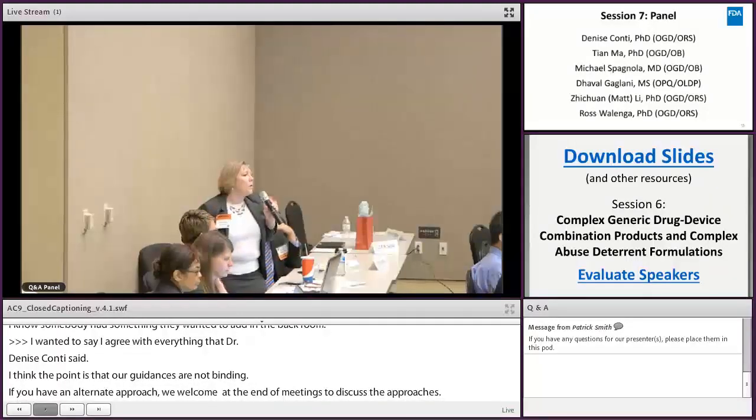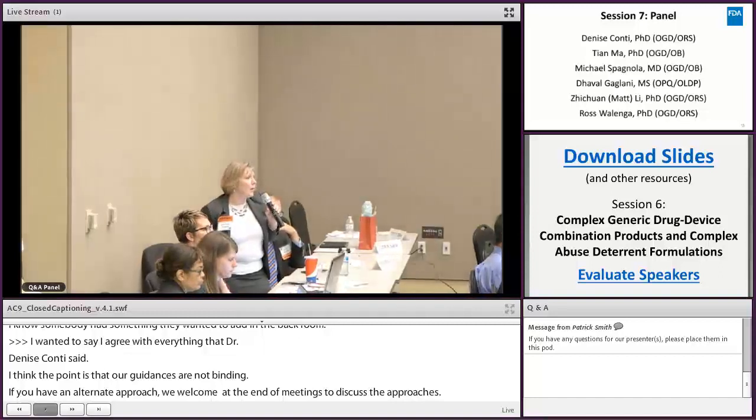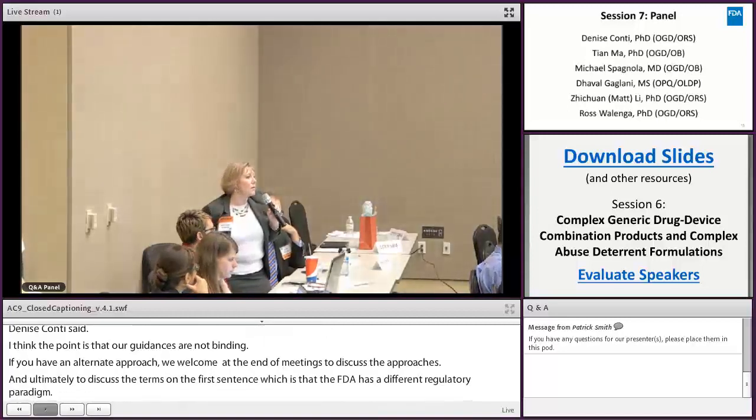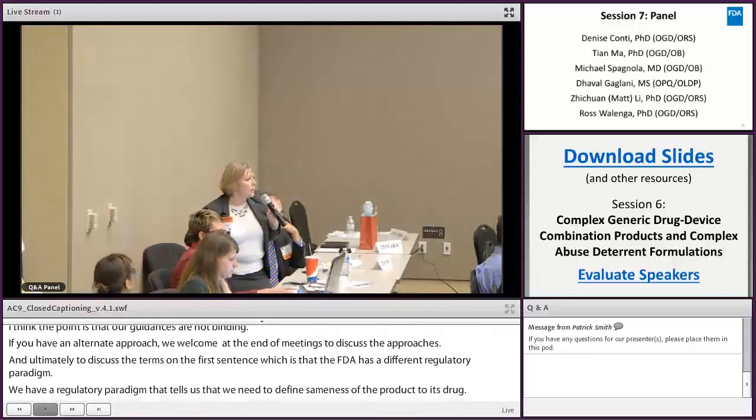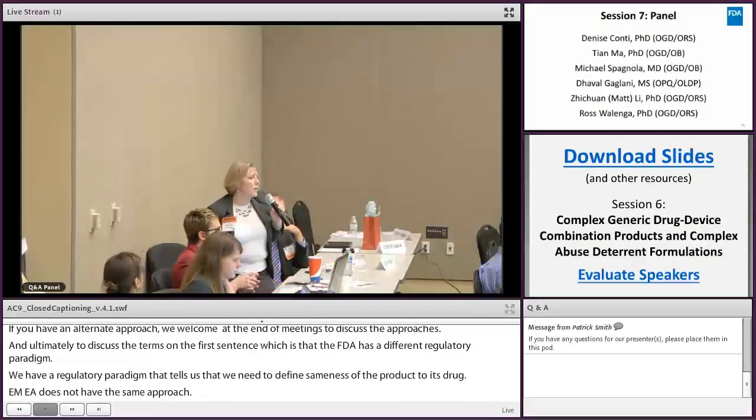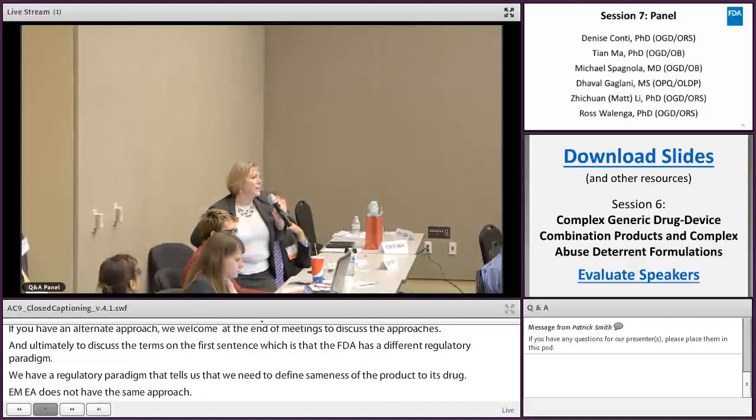So we have a regulatory paradigm that tells us that we need to define sameness of the product to its reference listed drug. EMEA does not have the same approach, and there are ways that they can demonstrate their equivalence or hybrid models which are not the same as the US regulatory standards. So therefore we have to work with what we have, and EMA can do what they have.